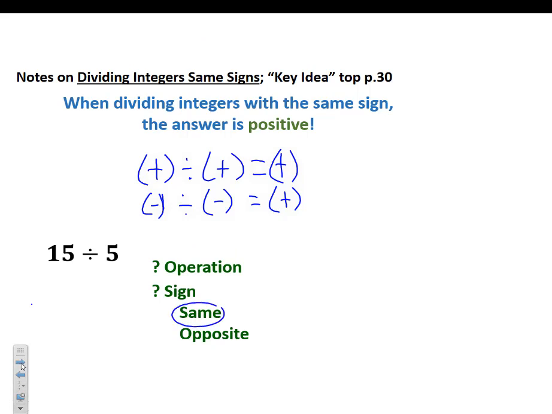So we know that 15 divided by 5 will be a positive because we're taking a positive divided by a positive. Our answer will be positive, and of course you know that is 3. When you look at it again, and we're dividing negative 15 by a negative 5, we're dividing with the same signs, and so we know our answer will again be positive 3.